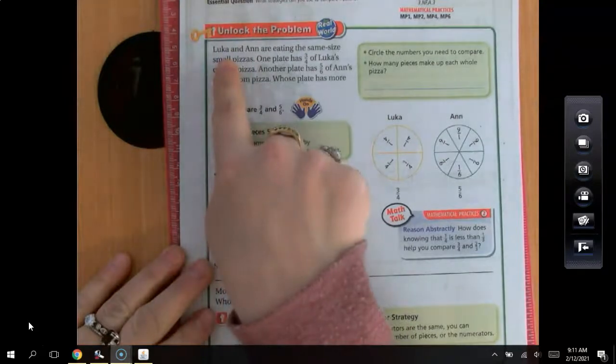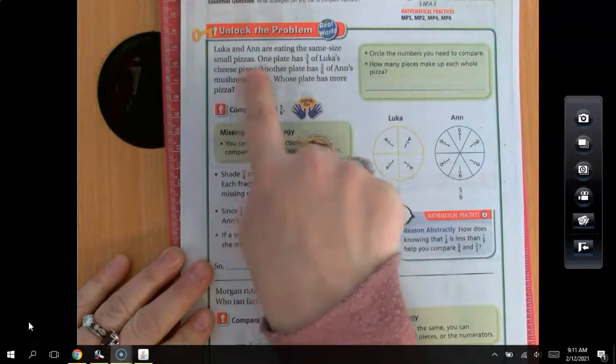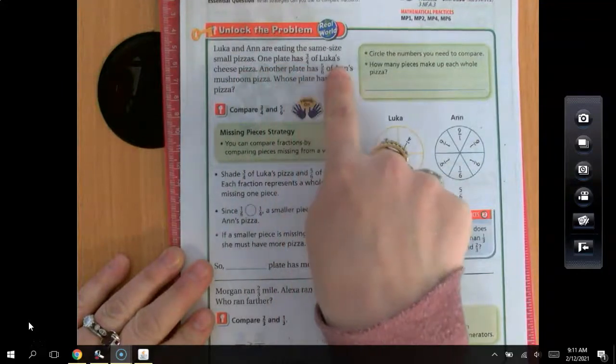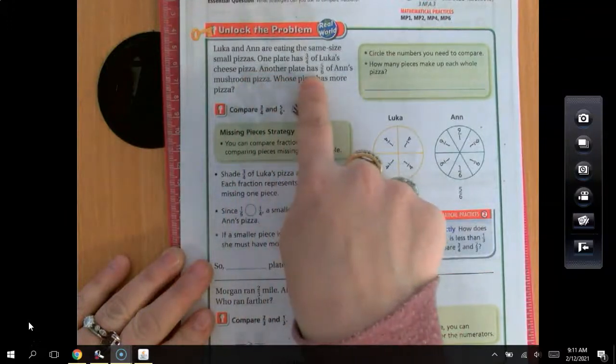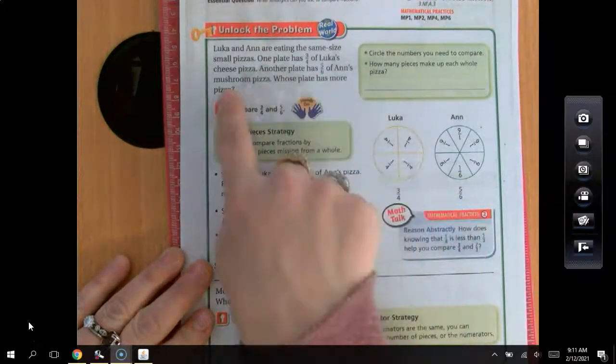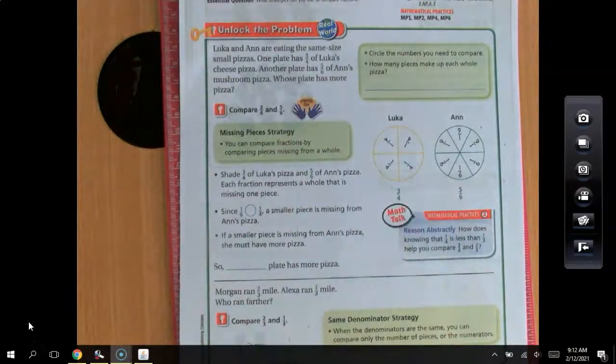It says Luca and Anne are eating the same size small pizzas. One plate has 3/4 of Luca's cheese pizza. Another plate has 5/6 of Anne's mushroom pizza. Whose plate has more pizza? Let's look at the numbers that we need to compare.